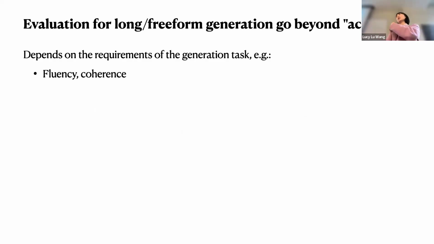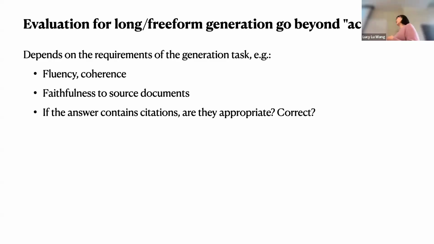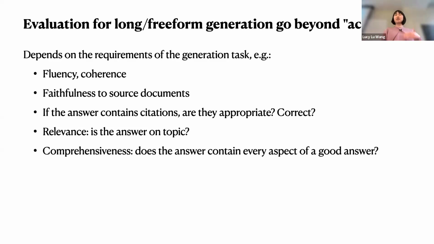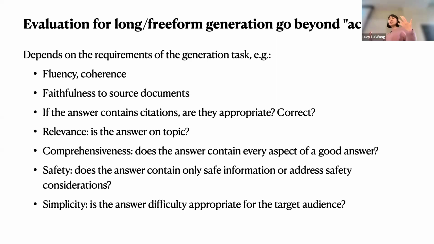For example, whether the model is generating fluent or coherent text, whether that text is faithful to source documents, if there are source documents provided. If the answer contains citations, are they appropriate or correct? Is the answer on topic, and so on and so forth. There are lots of these types of criteria that these answers might need to fulfill depending on what task we're studying.